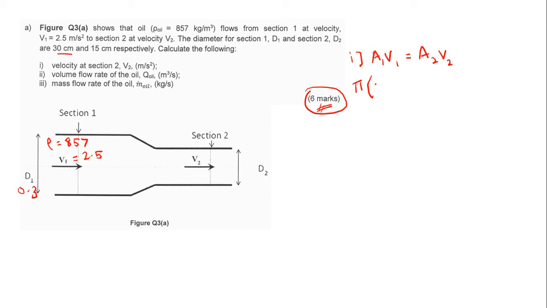Okay, what is the R? 0.15. 0.15 squared times V1 2.5. Okay, and A2 is pi r squared. What is the R now? 0.075. Good. Times V2.